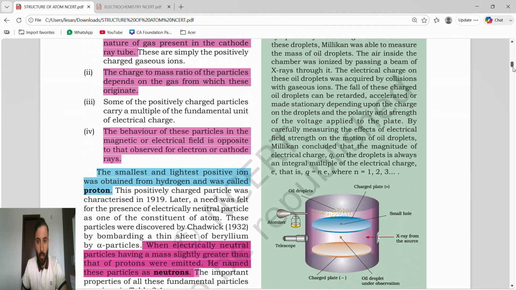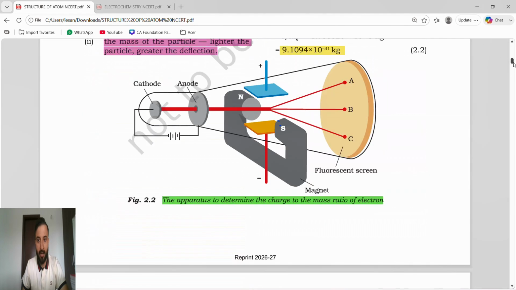What is this? The blue color is the electric field, and this north and south pole is the magnetic field. So the electric field and magnetic field are perpendicular to each other, and this is the ray of particles, which is also perpendicular.